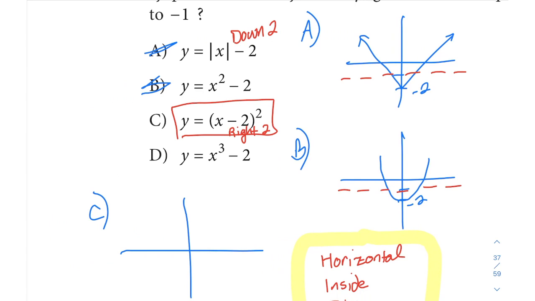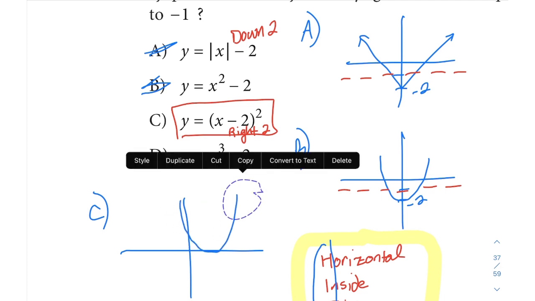Now for C, we already talked about what type of shift that indicates when it's inside parentheses. So that's part of our HIT acronym, horizontal inside tricky. So it's inside parentheses. It's going to be a horizontal shift to the right 2 units. So that would be this same parent function, that parabola with a vertex at the origin. And then the -2 inside parentheses shifts it to the right 2 units.